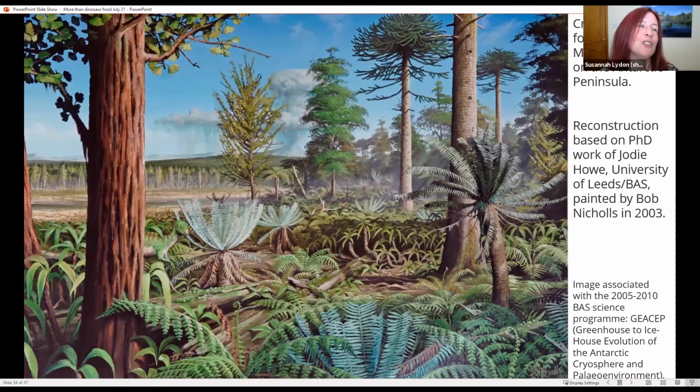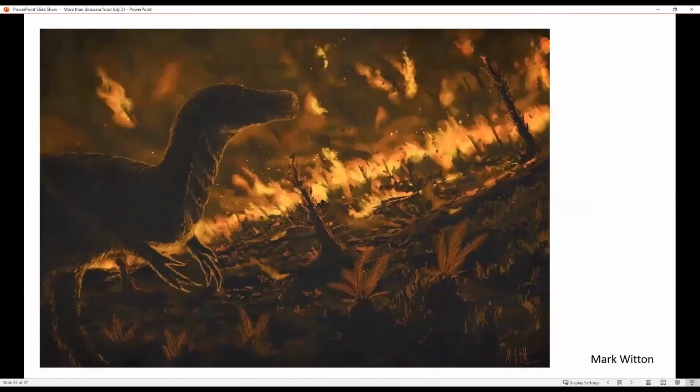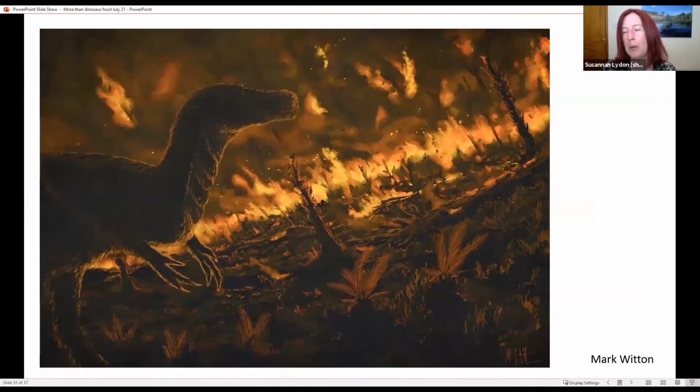Excellent. So we have artists like Mark Whitten, who not only, and if you've been to James McKay's talk as well, you'll know a little bit more about how paleo artists work and how they endeavour to include scientific evidence in what they do, thinking about those plants with the same eye for accuracy that you do about the other elements, the animals in those environments as well.